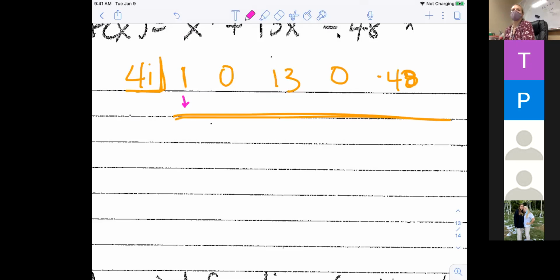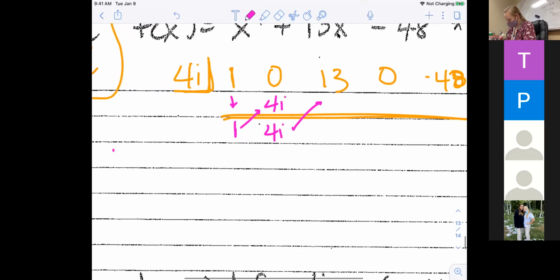Questions so far? All right, start synthetic dividing. I'll talk through it. If you don't need it, you can just tune me out. If you do need it, listen. Carry down my 1, multiply by 4i, I get 4i. 4i plus 0 is still 4i. Now I do 4i times 4i to get the number that goes under 13. 4i times 4i is 16i squared.